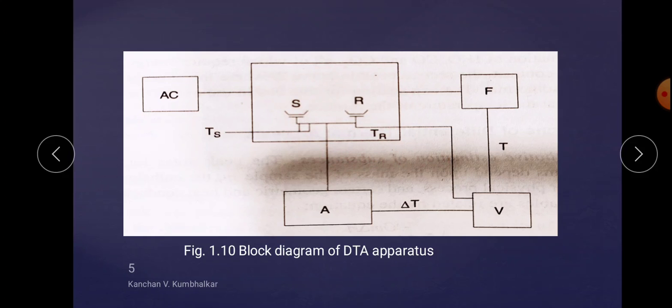But if delta T is positive, meaning the temperature of sample is greater than the temperature of reference, then the curve shows an exotherm. The curve shows an exotherm means delta T is positive and the peak is above the 0 line.